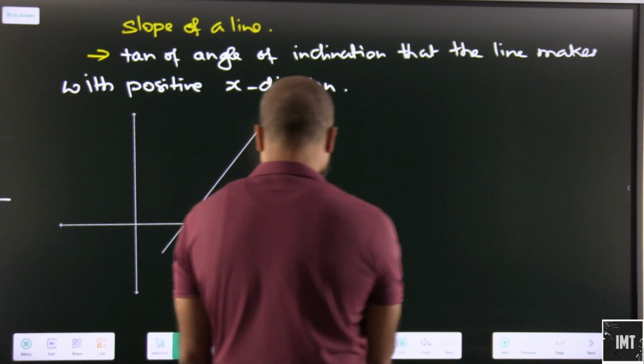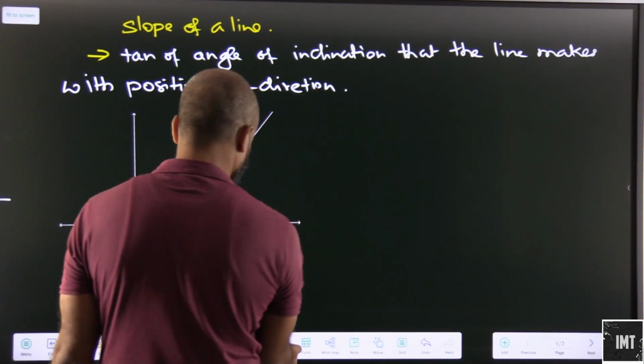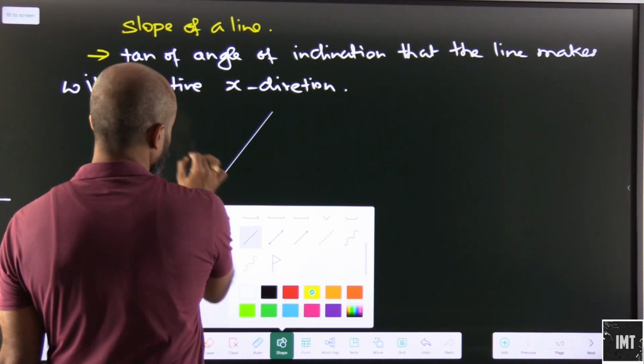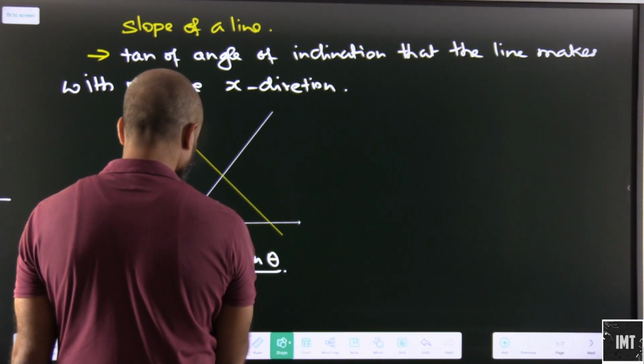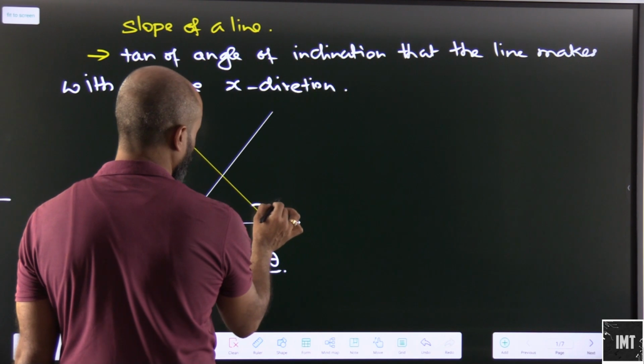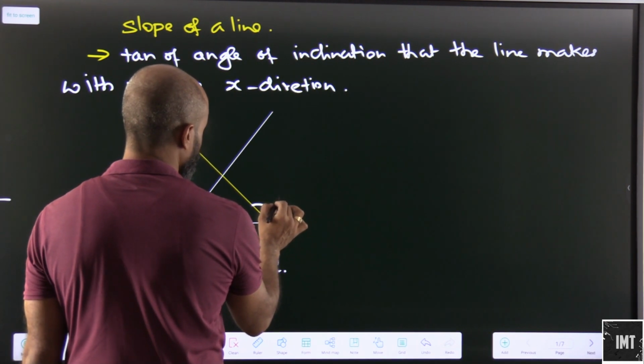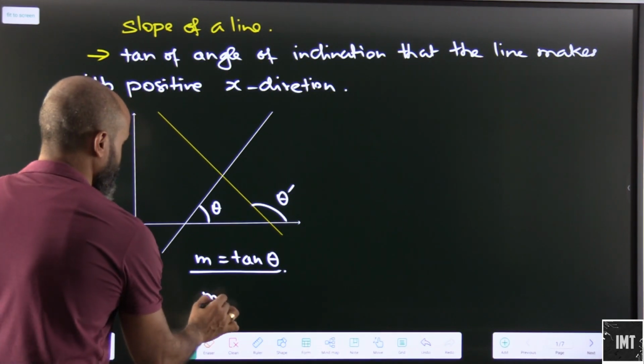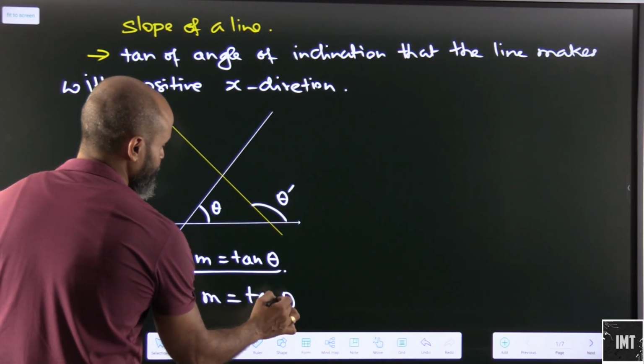Let's say we have another line like this which is going like this. Obviously the angle that it makes with the positive direction of the x axis will be, let's say, theta dash. Okay, so the slope of this line will be m equal to tan theta dash.